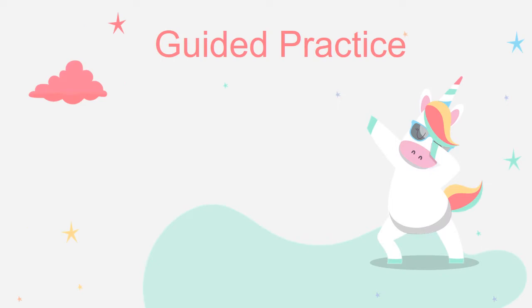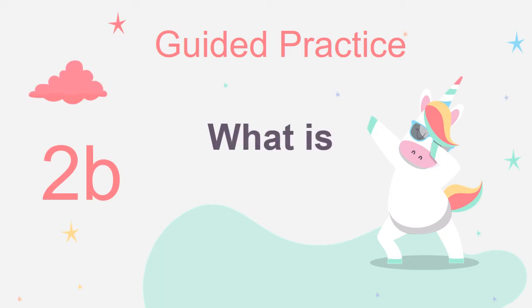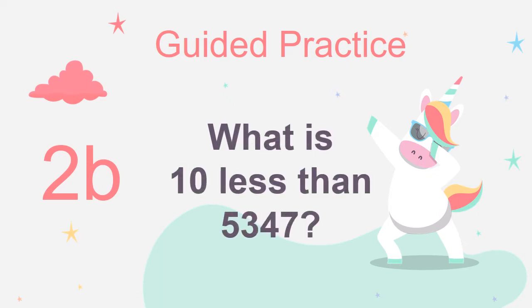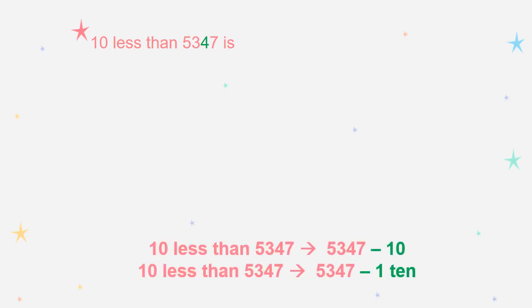Now we go to guided practice 2B. What is 10 less than 5,347? So 10 less than means we must minus 10 from 5,347.